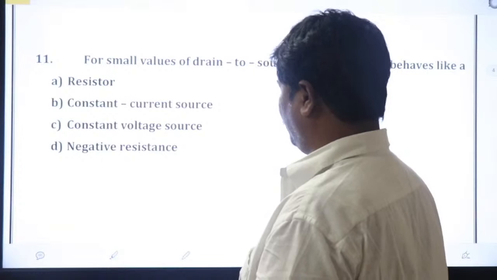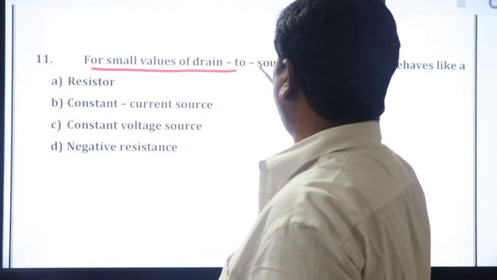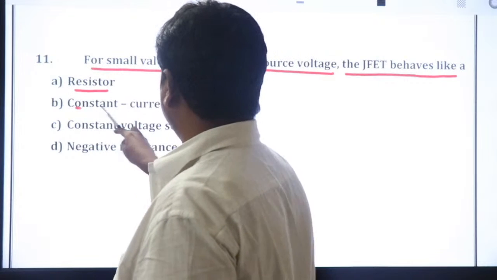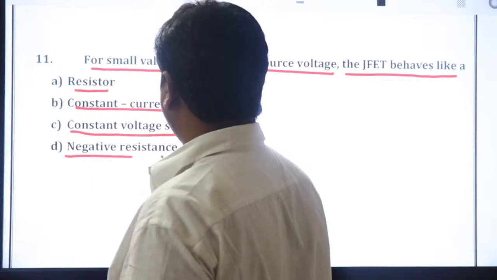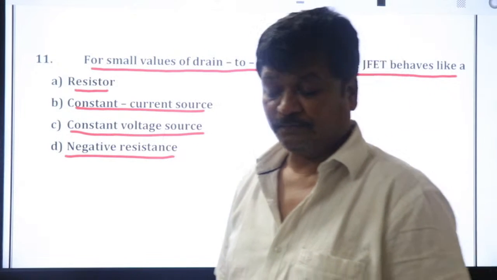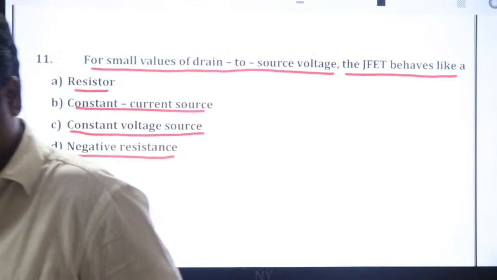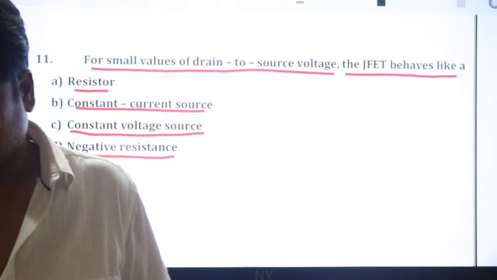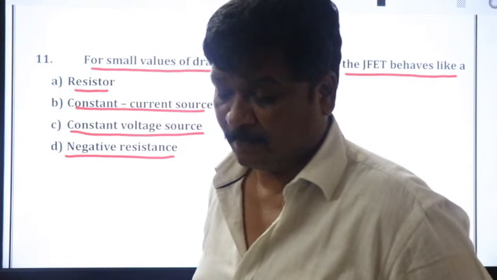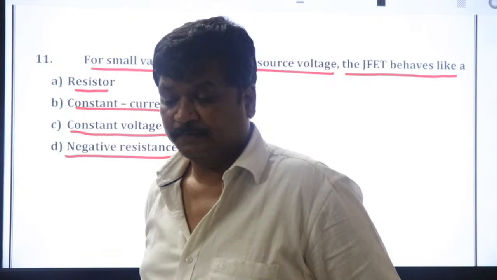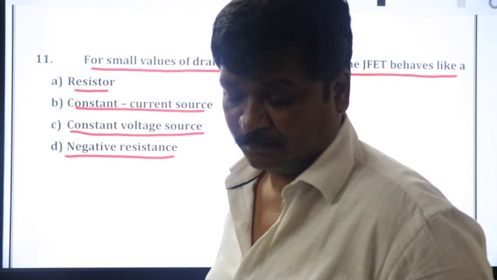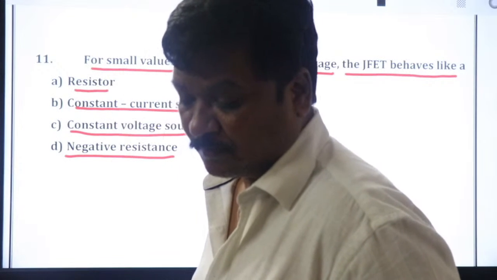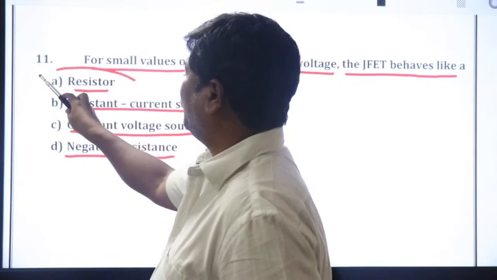Next two. For small values of drain to source voltage, the JFET behaves like a resistor, constant current source, constant voltage source, or negative resistance. It acts like a voltage variable resistor.